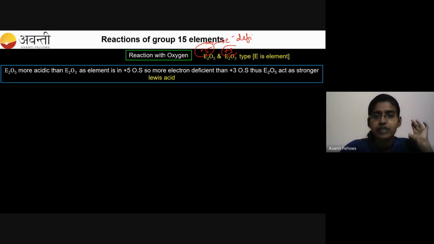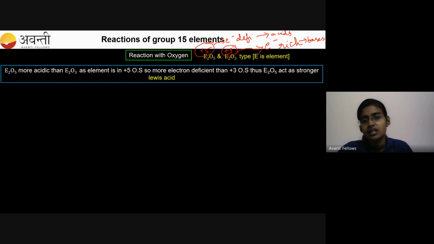In E2O3, the element has lost only 3 of its 5 valence electrons, so it is comparatively electron rich. Electron deficient compounds are called acids and electron rich compounds are called bases. So the element in the higher oxidation state is more acidic in nature. That's why E2O5 is more acidic.